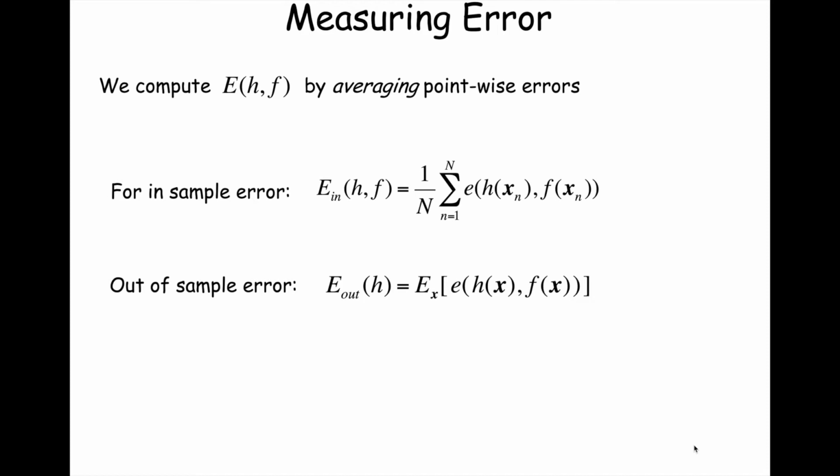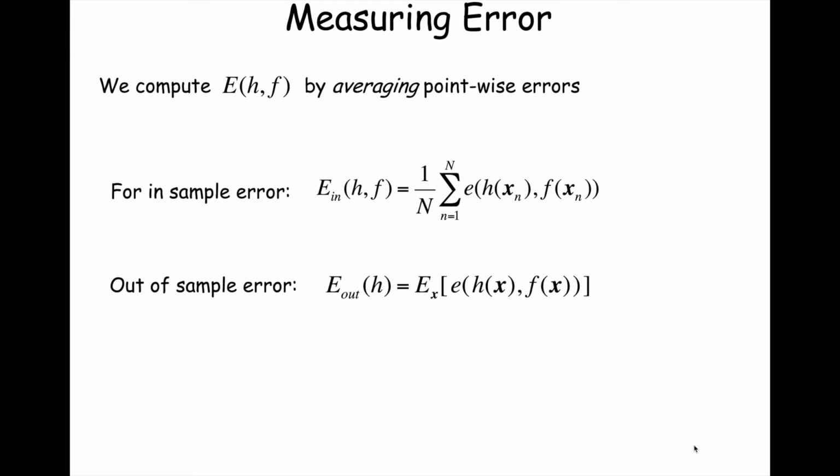Now, certainly out of sample, this is a theoretical construct. You don't really know what all of the different data points are. You know they're out there, and they're governed by some probability. And so we want the probabilistic average, if you will. For out of sample error, if we were to calculate it, we'd take the expectation with respect to the probability that governs those feature values that we can encounter.